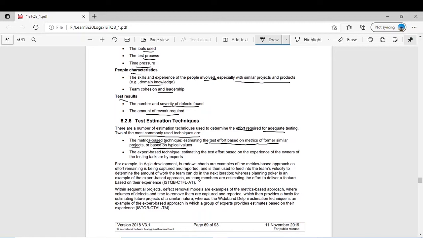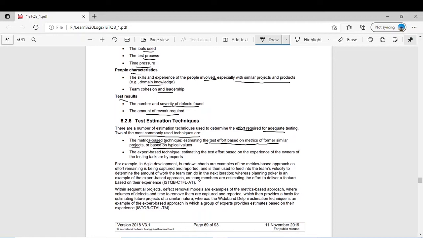Maybe the previous project had limited features and this project has more features, but you have the well known data from the previous project. You can replicate that data and multiply it with the factor you have for the current requirements, do some calculation, and work out how much test effort, how many team members or man hours I will need. This is the one technique.